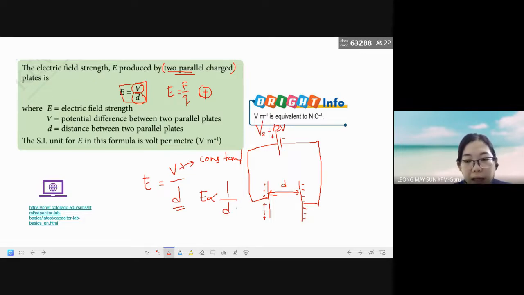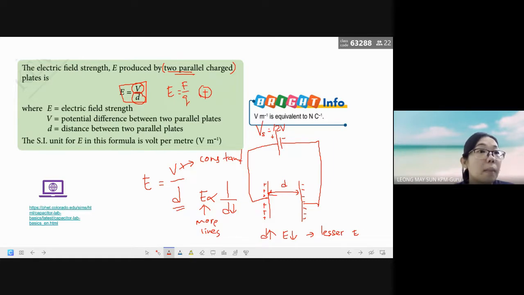Meaning if the two parallel plates get closer to each other, the d value decreases and the electric field strength will increase, meaning you will see more lines. But if the distance between them increases, the electric field strength will decrease, meaning you will see fewer lines, lesser electric field strength.